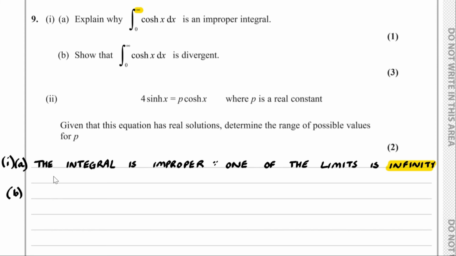And now for the next part, we have to show that the integral of cos x with respect to x between 0 and infinity is divergent.